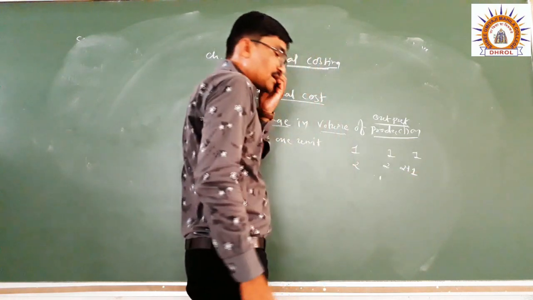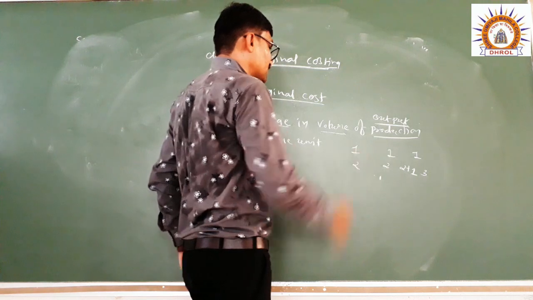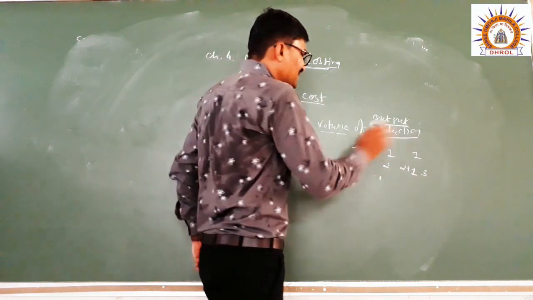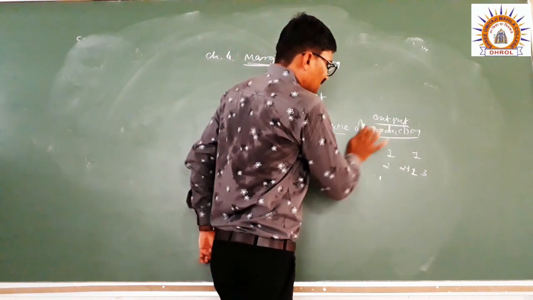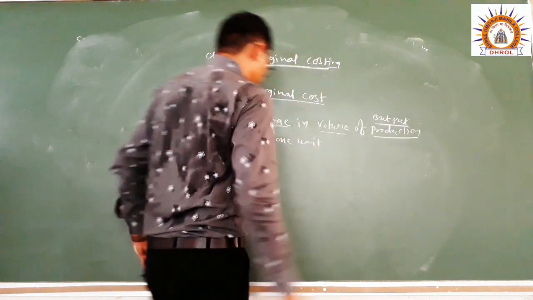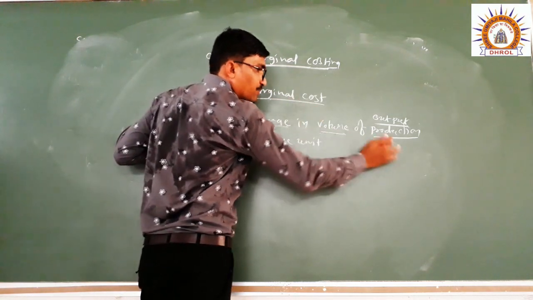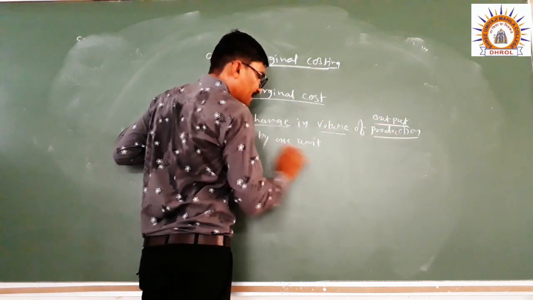So here the additional unit cost is rupees 3. This is the basic example; you can think of another example also. So marginal cost is the change in volume of production, or output, by additional 1 unit.